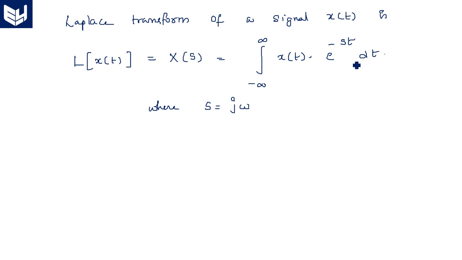When we were calculating the Fourier transform, the resultant equation was in terms of omega, because that is X of omega, but now it is X of s, so the resultant solution is in terms of s. So the Laplace transform simply converts a time domain signal into an s domain signal.